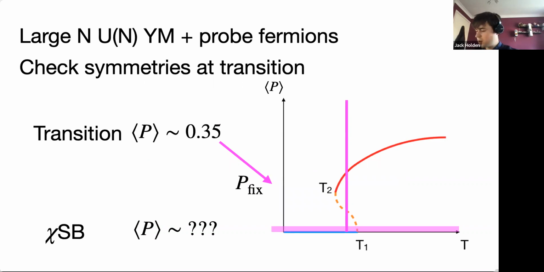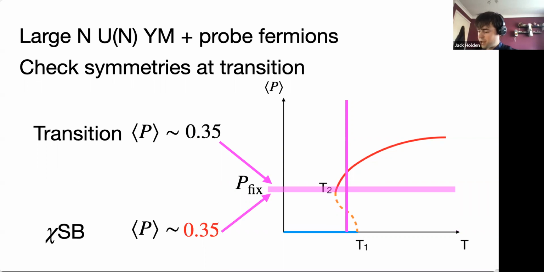So this is how we'll check. In this case, we want to see whether chiral symmetry breaking or restoration will coincide with the Gross-Witten-Wadia transition, which is known to occur at this value of p of 0.35. So we probe along this saddle at different values of p to check for where chiral symmetry is restored.